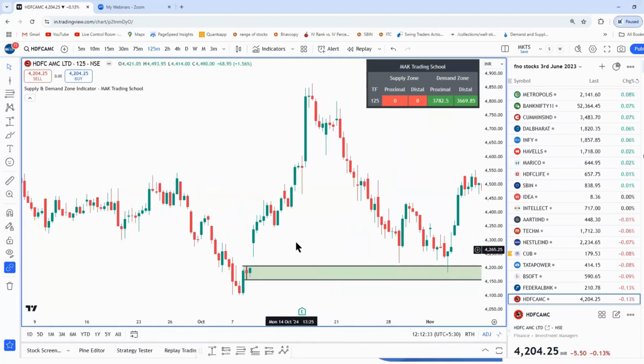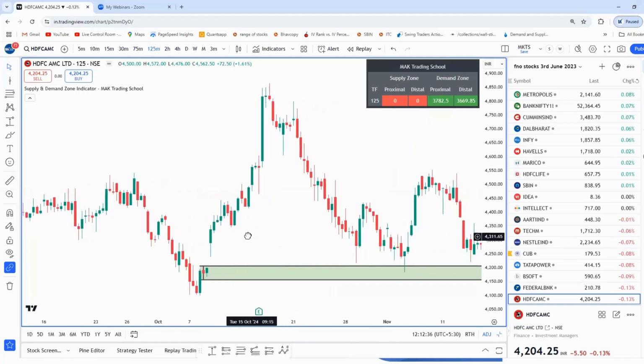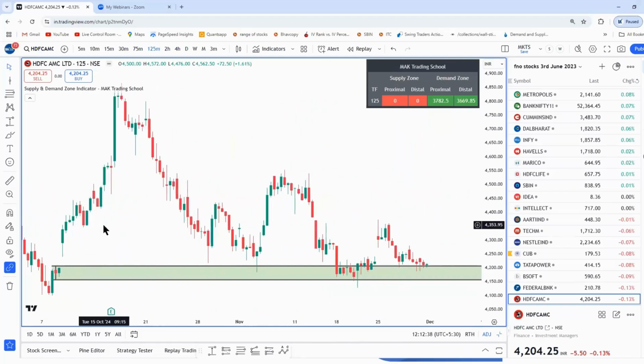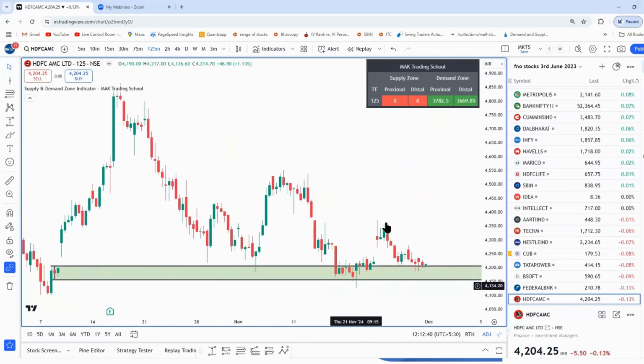So what do you see next time? What happened? Next time, is the bounce smaller? So the first entry into the zone is the best entry. Subsequent entries are low probability. That's why the first entry point is the best entry.